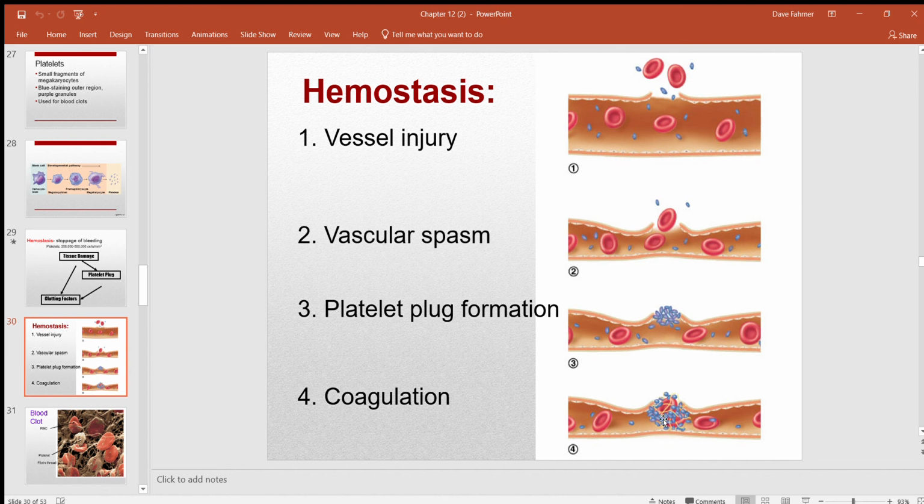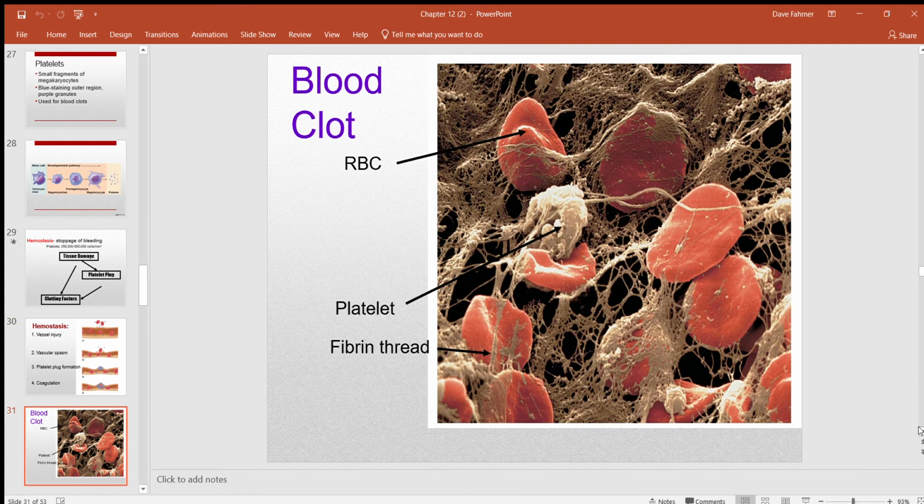And then those fibers, those protein fibers from the blood, will start to appear, and they will kind of fill in and make a meshwork along with the platelets and red blood cells. So we form a little plug there that stops the bleeding. Usually in a normal bleeding situation, it's stopped within 3 to 5 minutes. If it doesn't, then there's probably massive damage that surgery is required on.